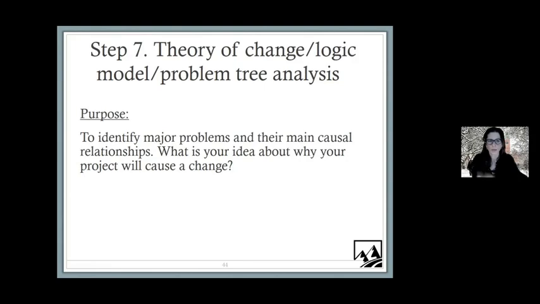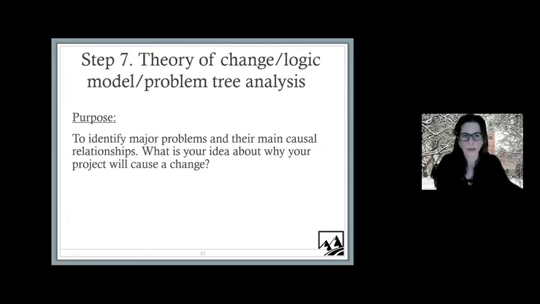When you're developing a theory of change, your job is to make a statement about what your idea is about the problem you think you're going to be solving in your program, and why you think your program, project, or initiative is going to have an effect on that problem you're trying to resolve. Oftentimes we see a lot of misattribution, especially with bigger and more complex problems.